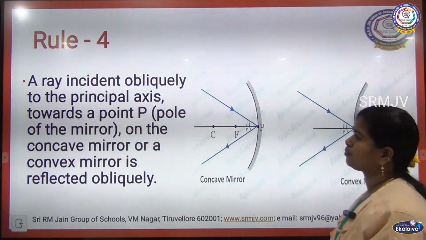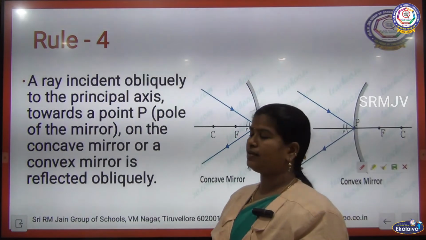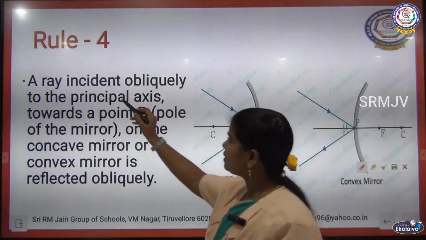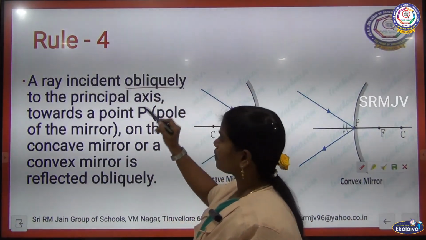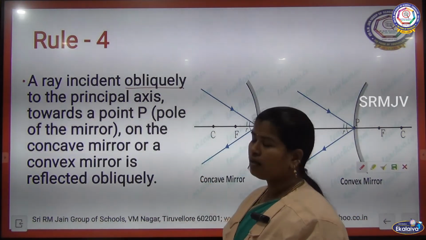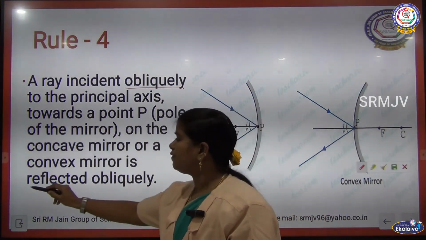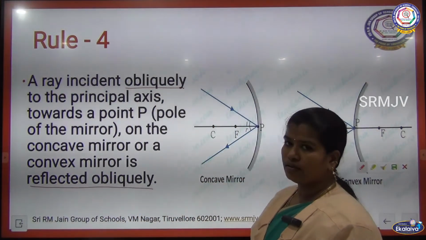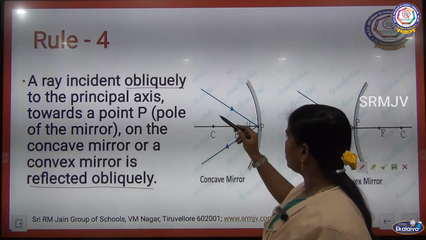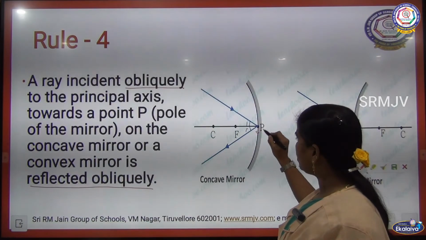Fourth rule states that a ray incident obliquely to the principal axis towards a point P on the concave mirror or convex mirror reflected obliquely. Okay, so you can see here the ray strikes straightly to the pole.